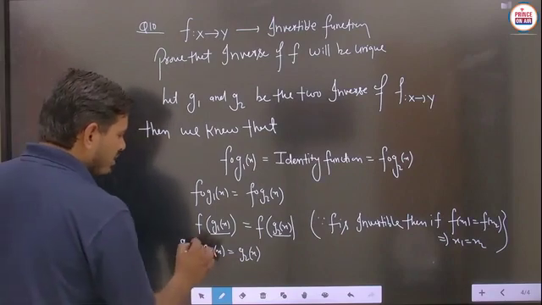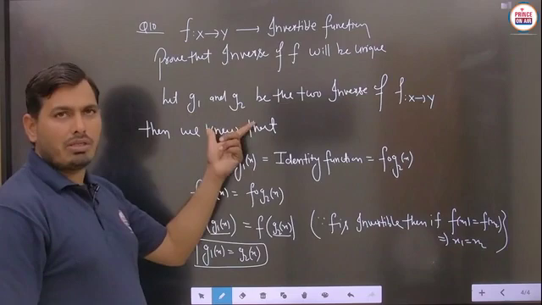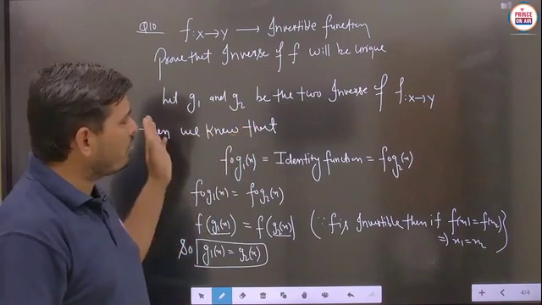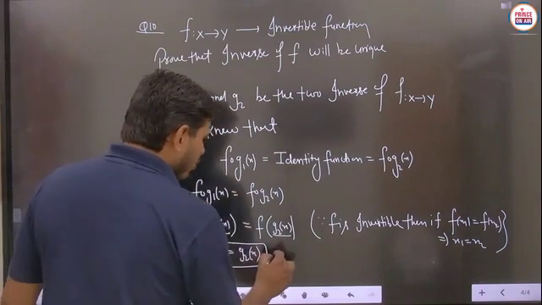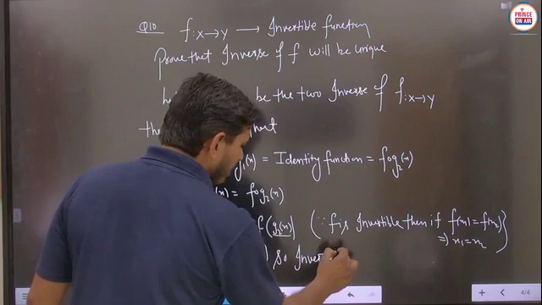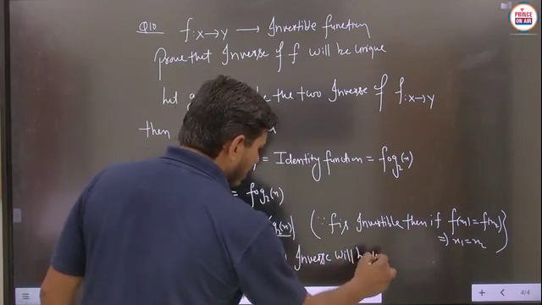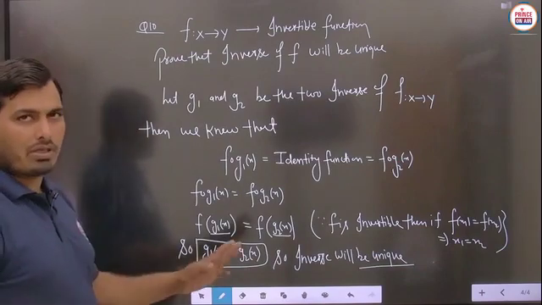Now student, both the functions are found to be same, but here we are assuming that g1 and g2 are two different inverse of the given function. So the inverse will be unique. So you can say that the inverse will be unique for any given function which is defined from x to y if the function is invertible.